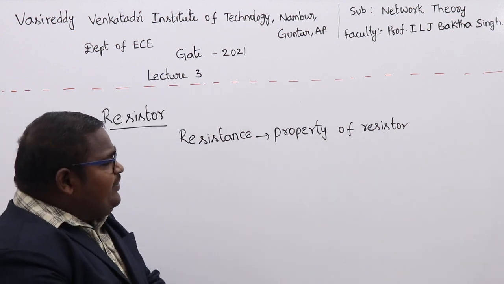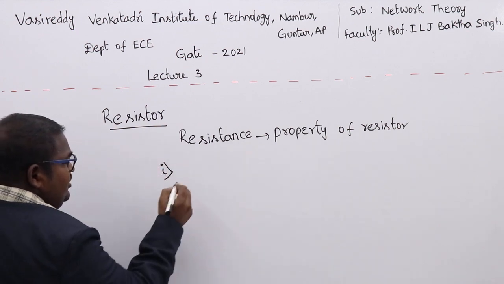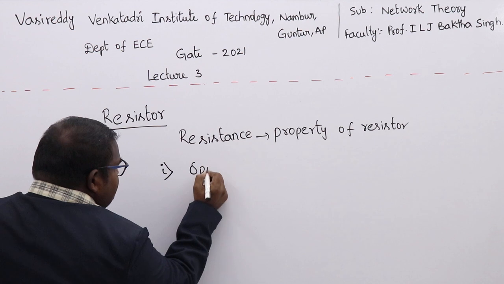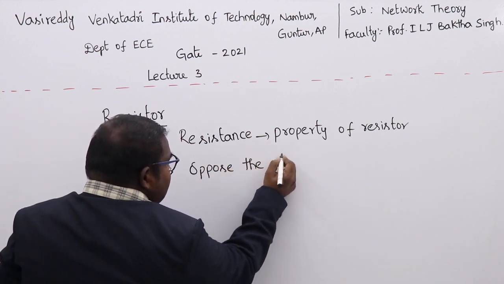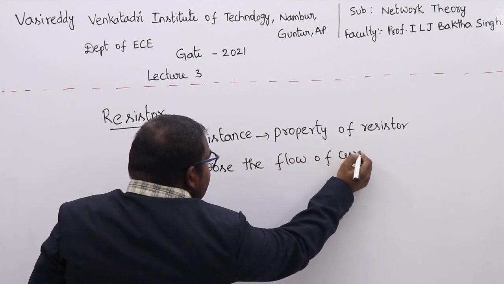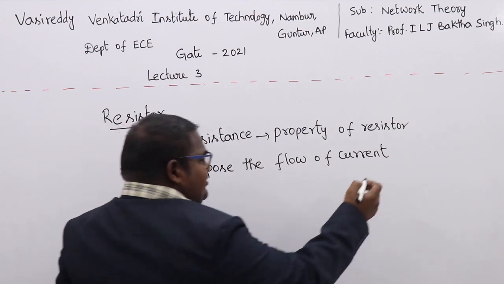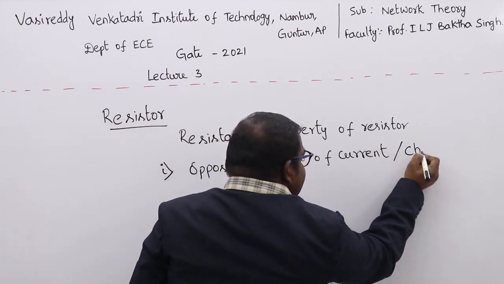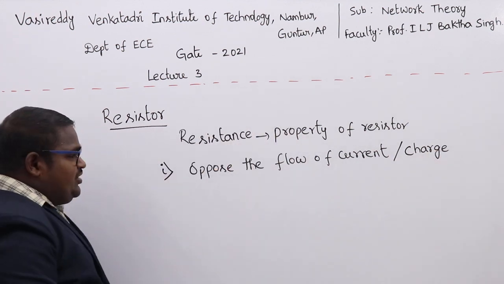So what is that property? The first one is that it opposes the flow of current or charge.